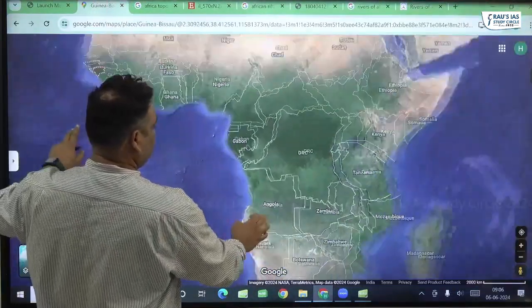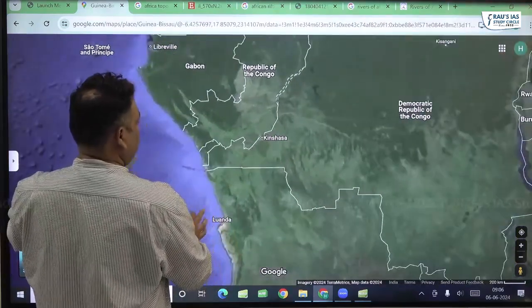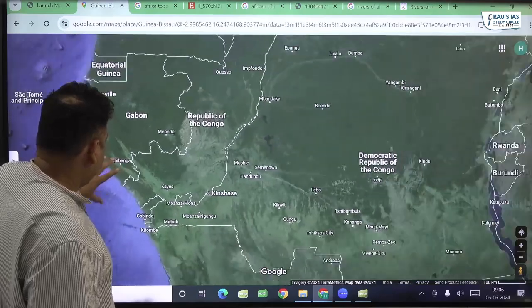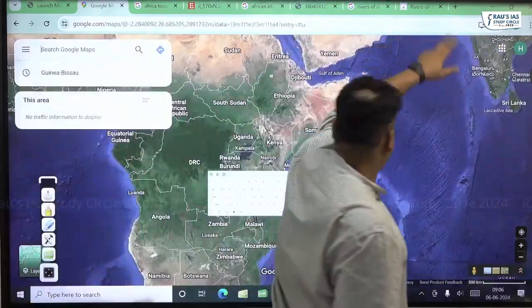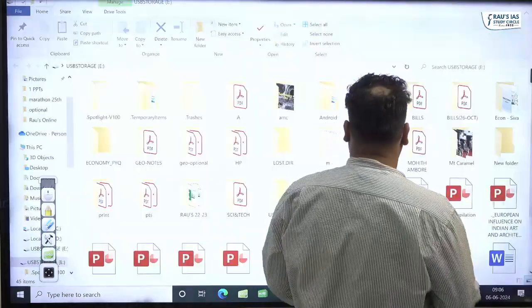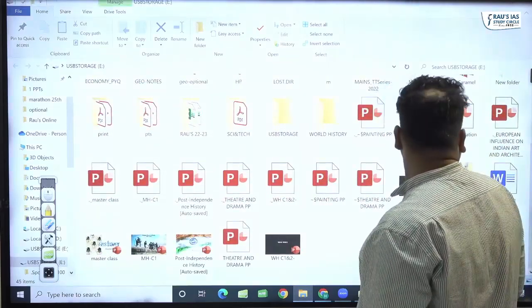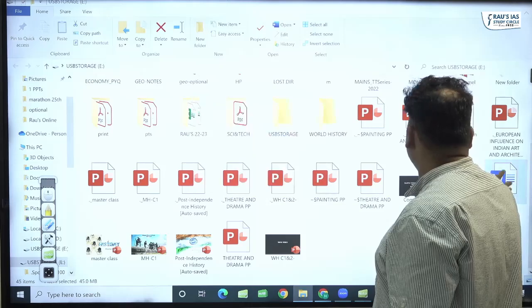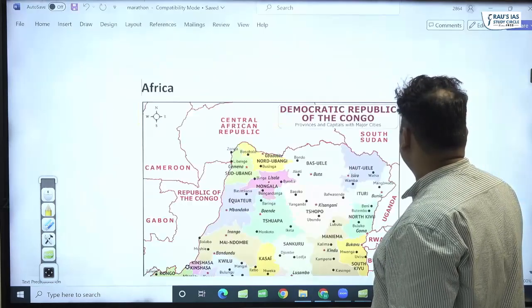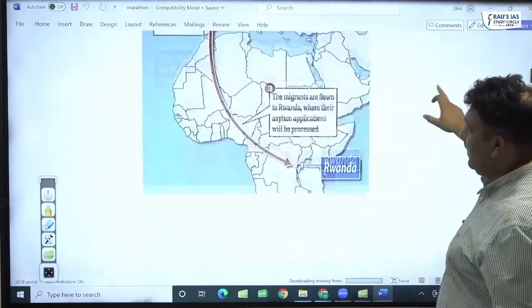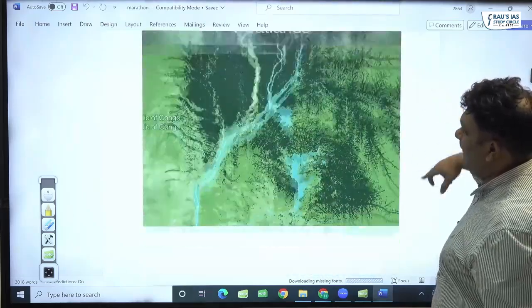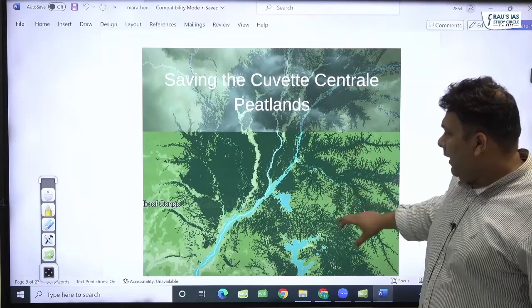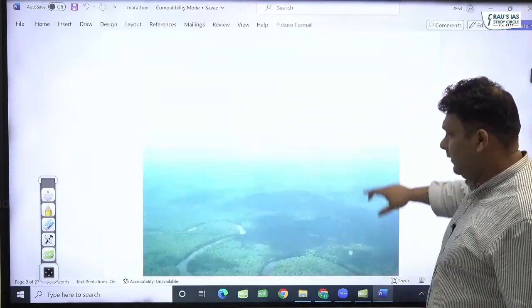Now, along this, the river of Congo. So when you have a large amount of carbon in this region, for example, this is the Congo Basin.